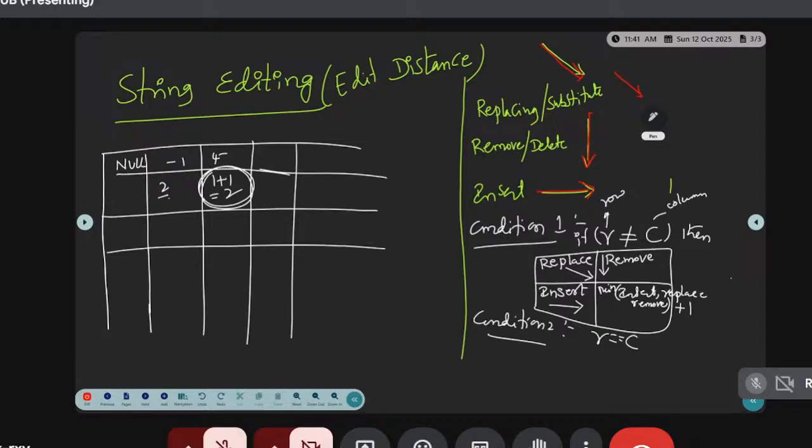If R double equals to C, then write down here: just copy the diagonal element. Just copy the diagonal element. Draw this box.